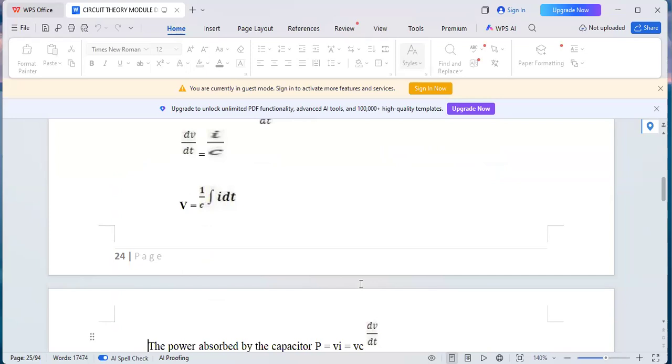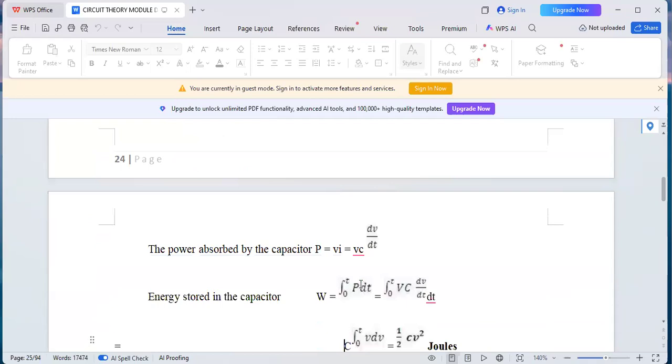The power absorbed by the capacitor is P equal to VI, which is also equal to VC dV/dt. Energy stored in the capacitor is W, which is the integral of P dt, where P is power, so the integral of VC dV/dt dt.